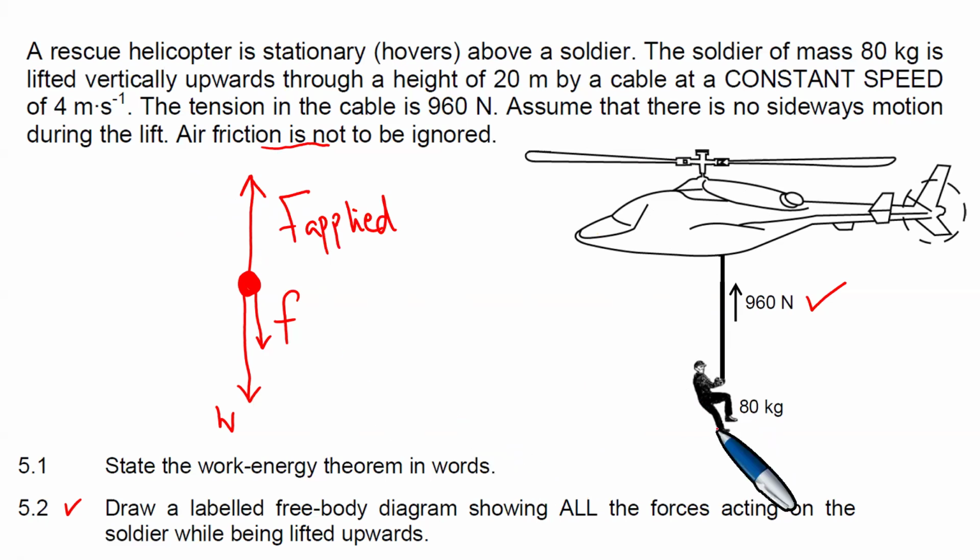As this man is being hoisted upwards, the soldier of mass 80 kilograms is lifted vertically upwards through a height of 20 meters by cable at a constant speed of 4 meters per second. So you need to take note of that. What is very important is that this is the labeled free body diagram showing all the forces acting on the soldier while being lifted upwards.